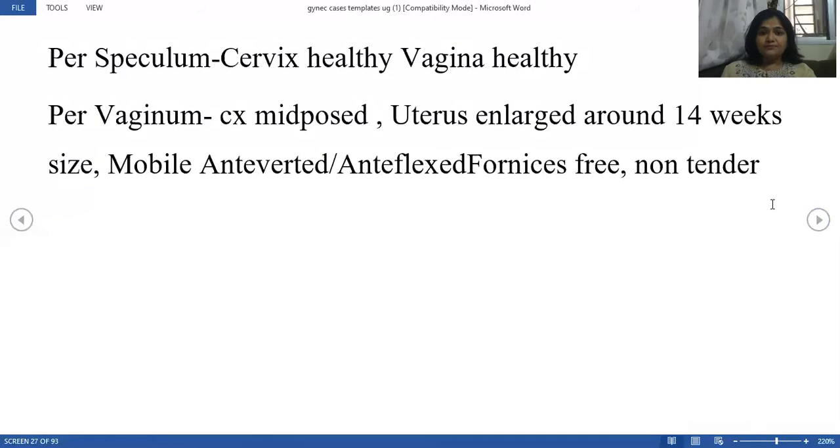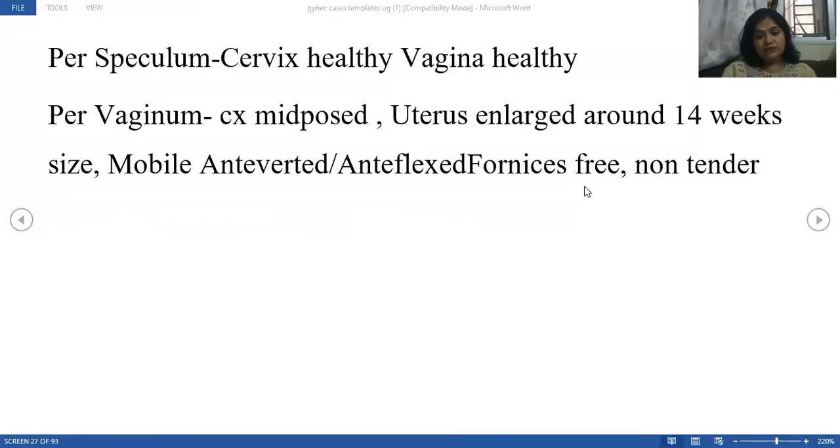Now coming to the per speculum examination, the cervix and vagina are healthy, and on per vaginal examination, the cervix is mid-posterior, the uterus is enlarged, 14-week size, mobile, anteverted, anteflexed. Looking at the size of the uterus and the age of the patient, 45 years, and a 16-week size uterus: out of PALM-COEIN, polyp, adenomyosis, malignancy and fibroid, the most common cause could be fibroid, because this patient is not perimenopausal.